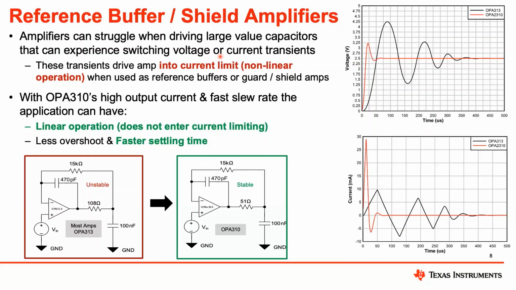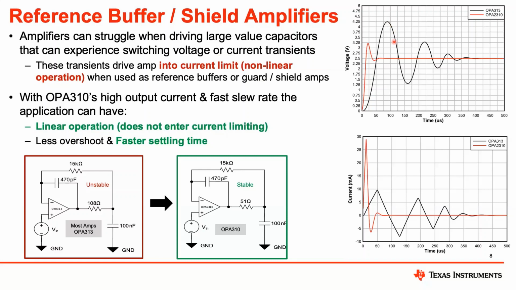This can be a problem for amplifiers since usually reference buffers have large value capacitors, and anyone who's worked with amplifiers before knows that a larger value capacitor on the output can cause issues for op amps trying to drive it. It can cause stability issues, even during these startups for a reference buffer.